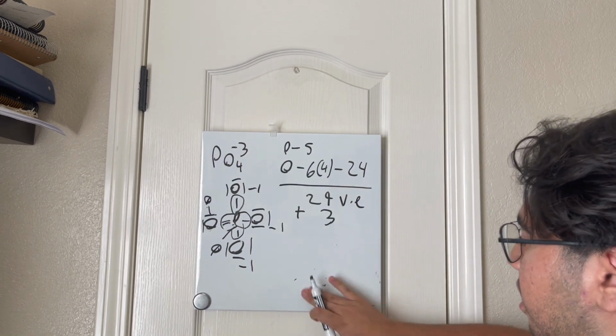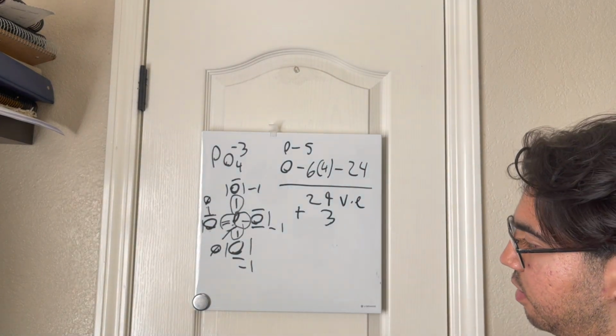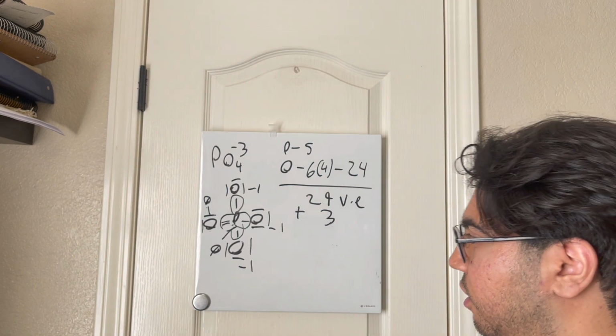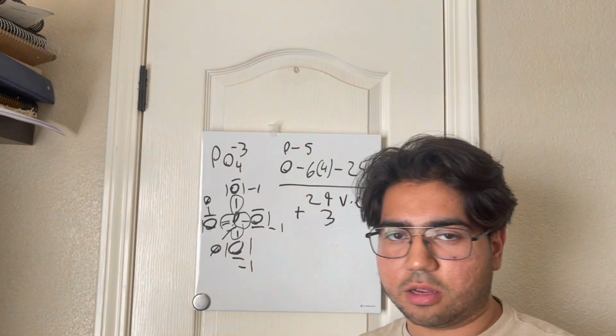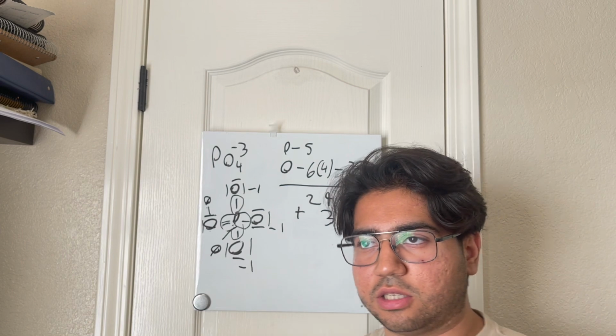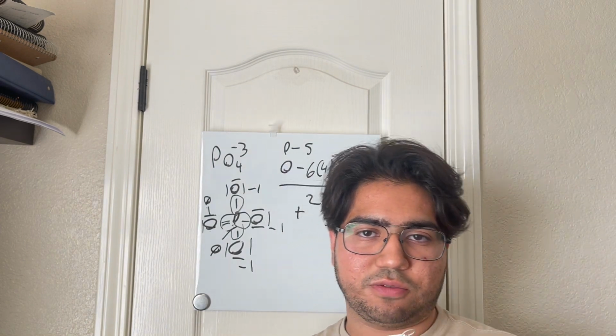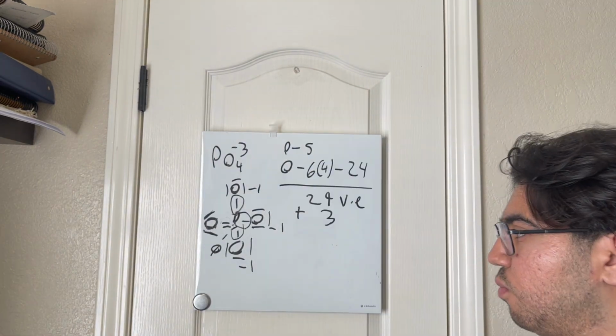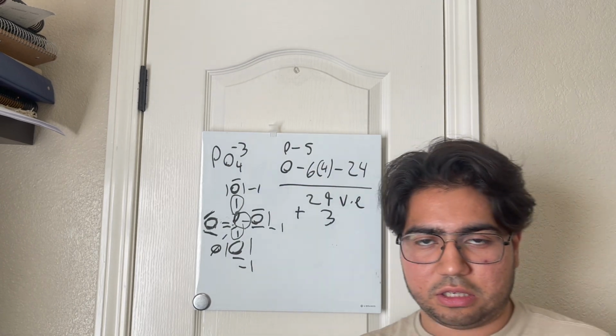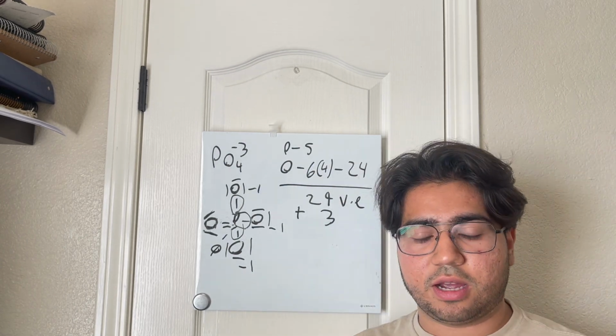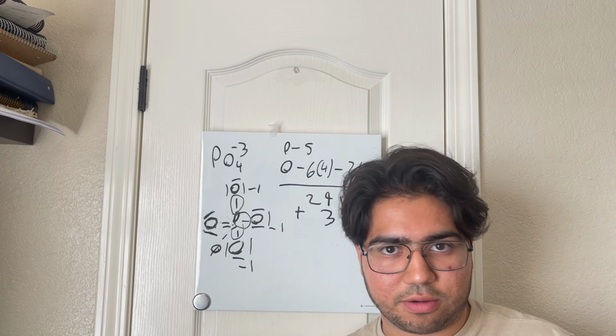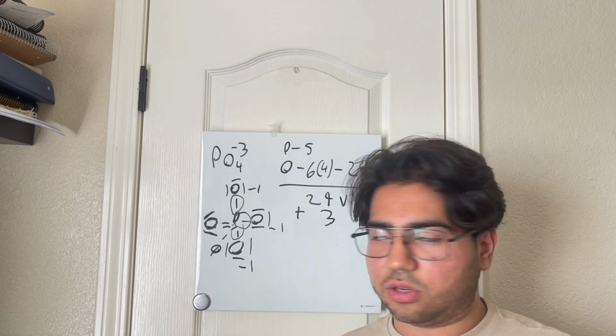Say the question asks, what's the hybridization of the double bonded oxygen atom in a phosphate Lewis structure? So let's just count up the electron regions. Remember, lone pairs count and bonds count, because they're all electrons.